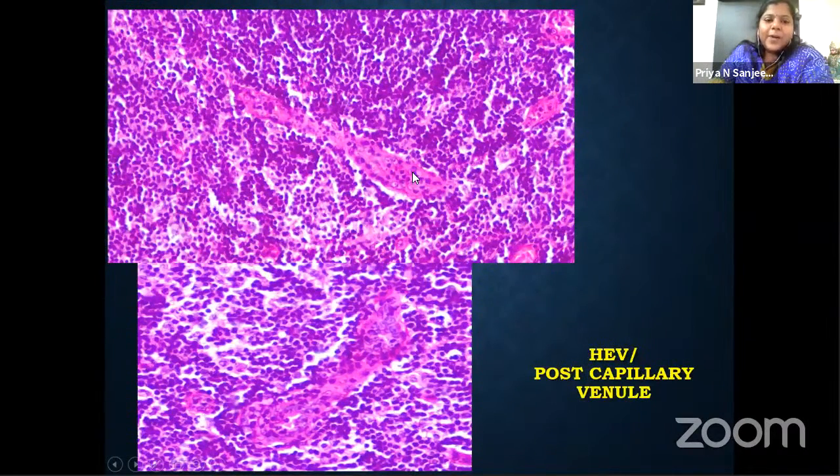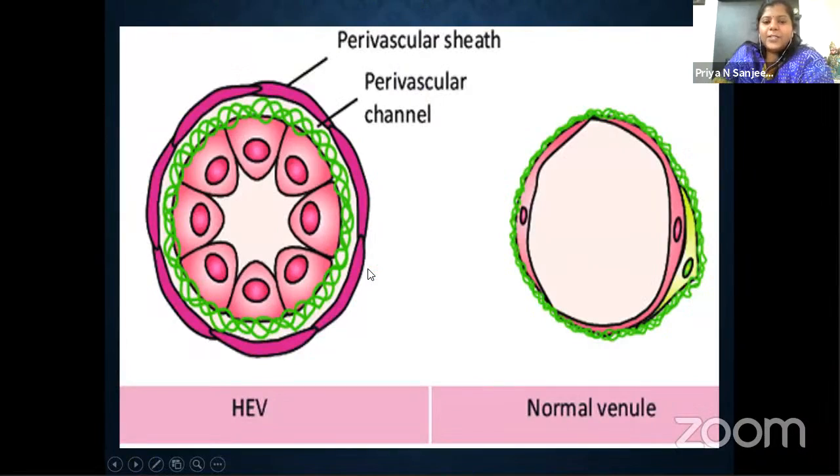These are vessels with endothelial cells having a high columnar shape, and they help in redistribution and recirculation of the lymphocytes. Sometimes the lumen is not visible at all because it is obliterated by the endothelial cells. So the diameter can vary. You can see two to three high endothelial venules.